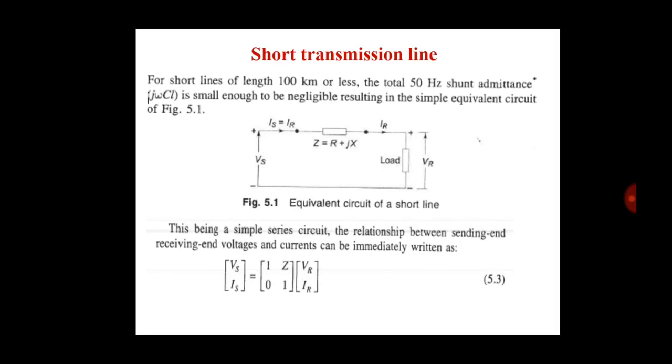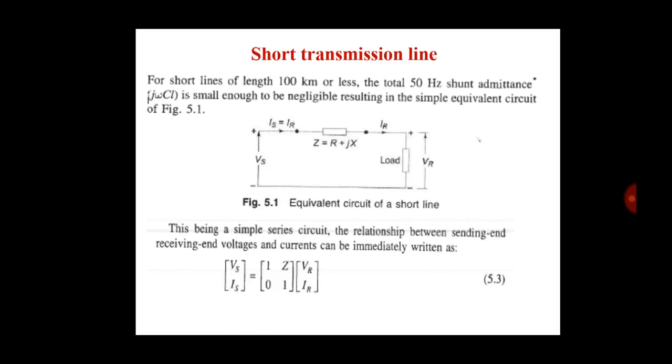For a short transmission line of length 100 km or less, the total shunt admittance j omega C l at 50 Hz is small enough to be negligible, resulting in the simple equivalent circuit in the figure. Means here a transmission line with a line length of 100 km or less is said to be a short transmission line.